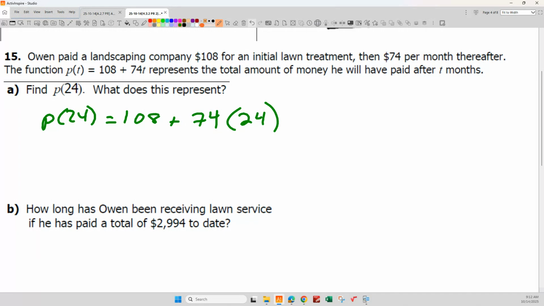When you're doing big numbers like that, a lot of times it's good to break it into pieces. I could break up 24 into 20 plus 4, right? And do 20 times 74 plus 4 times 74.